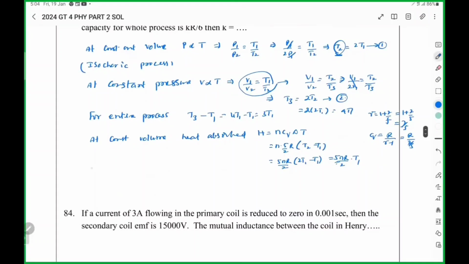Next, at constant pressure, heat absorbed is n Cp delta T. Cp here is Cv plus R, 7R by 2 for a diatomic gas.